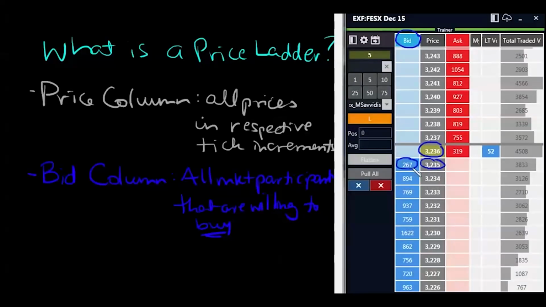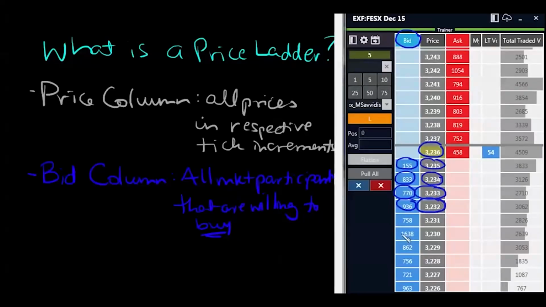So that's gone down to 244, 386, and so on that are willing to buy at 32.35. Then there's another about 900 lots willing to buy at 32.34, 770 at 32.33, 936 lots willing to buy at 32.32, and that goes all the way down the page.